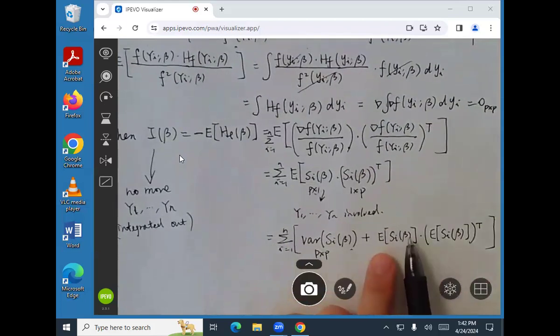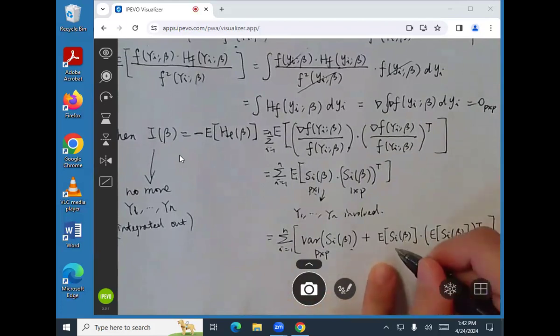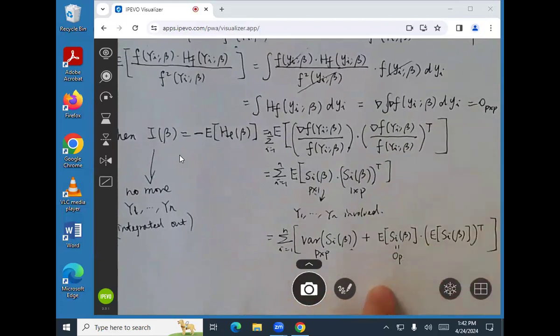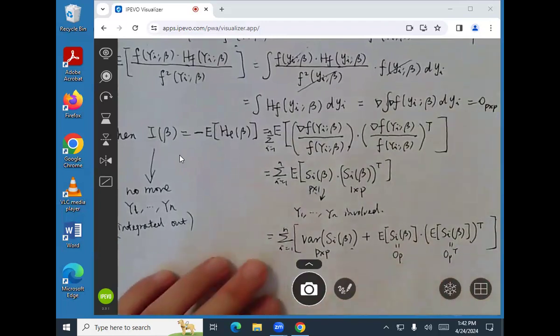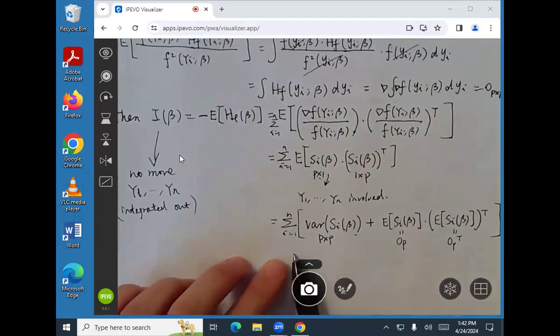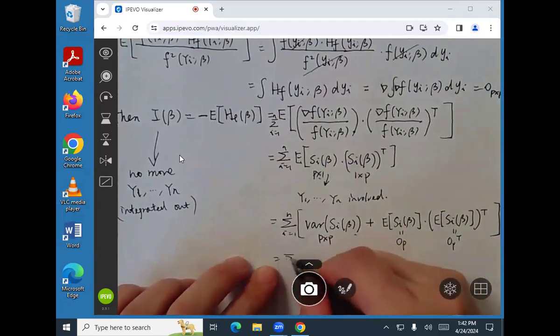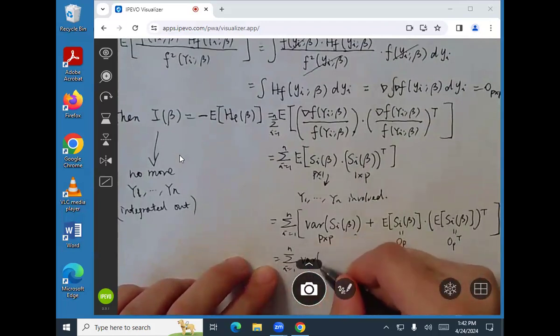Okay, we are using that formula again. And now the property that the score function has mean 0 comes in. So this is basically 0, and this is also 0 transpose, right? So we get a 0 matrix here. Therefore, we have this just equal to the summation, i from 1 to n, of the variance covariance matrix of Si(beta).